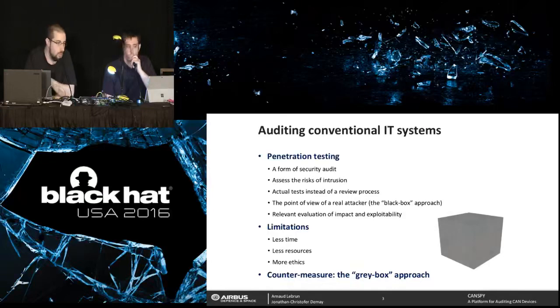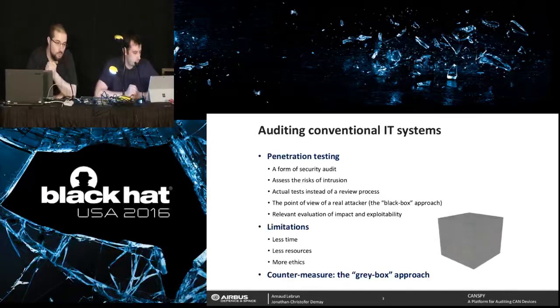That's why we talk about the black box approach, because like a real attacker, our target is a black box for us. We do not have any knowledge of its internals. The idea behind this approach is to get really relevant results because you really place yourself in the shoes of real attackers.